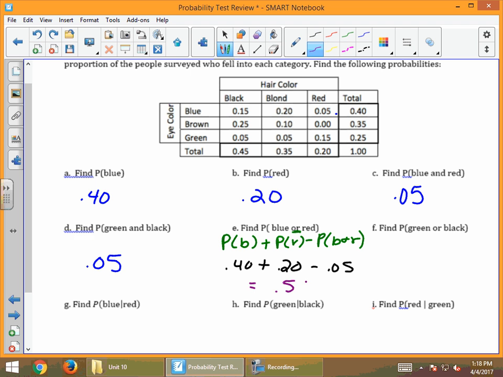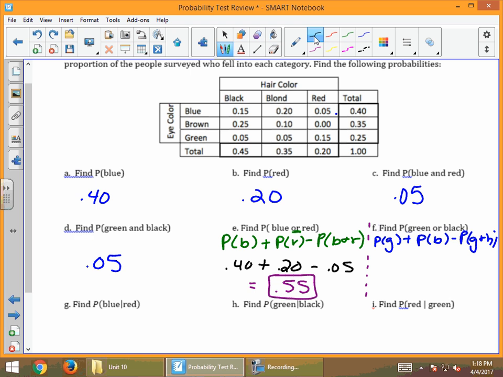Okay. So whenever you see the word or, that's a little formula you use. Probability of the first plus probability of the second minus probability of both. Every time. So again, F, we have the word or. So use that formula. Probability of the first, the probability of the second, minus the probability of both. What's the probability of having green eyes?